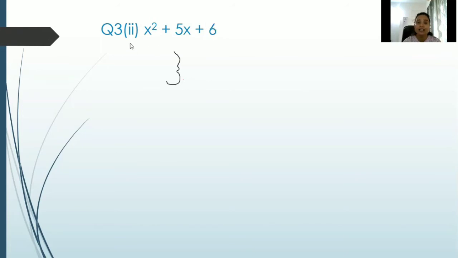So as I said, if there is no number, let's split this 6 in the possible factor form, the product form, the multiplication fact as you can say, so that by applying this sign, we can get the middle term. For 6, I think it's very easy, don't you think so?